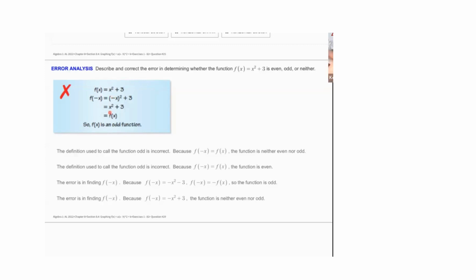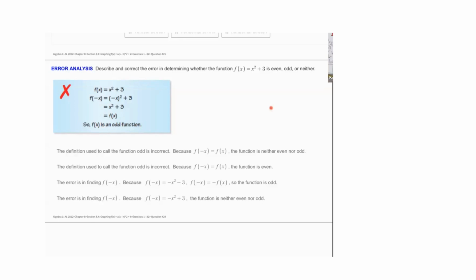Then they said negative x squared is still going to be x squared, plus 3. So they're doing a little proof here. Originally it was f of x equals x squared plus 3, so they're saying that is f of x, so f of x is an odd function. Well, that's right where they messed up.